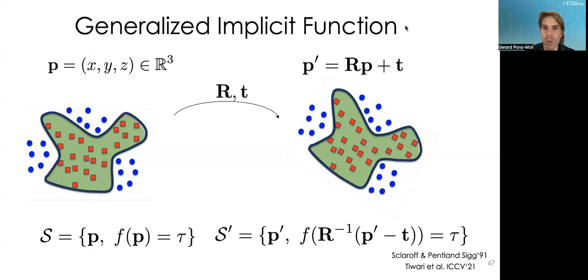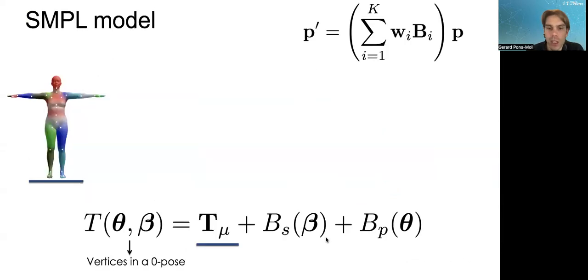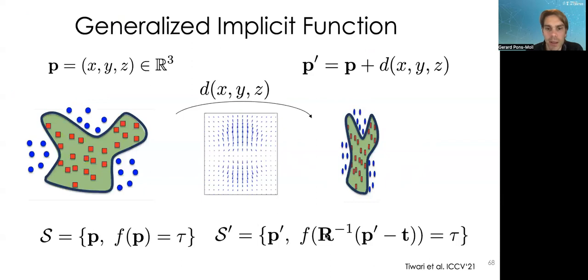And this is not only for rigid transformations, but also for more generic deformation fields like D of X, Y, Z. You can have a deformation field that deforms every point P in this canonic space into the pose space P prime, and you would just, oh, this formula is missing here. You would just apply the minus D of X, Y, Z in order to apply this inverse transformation.